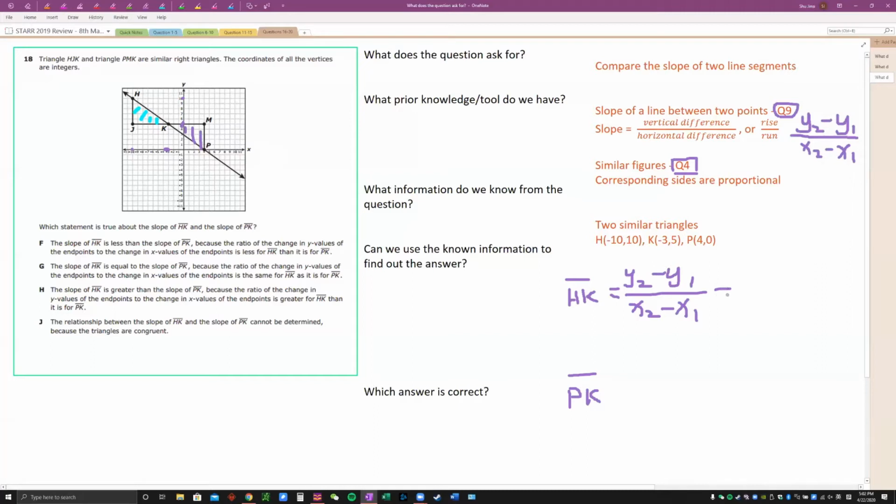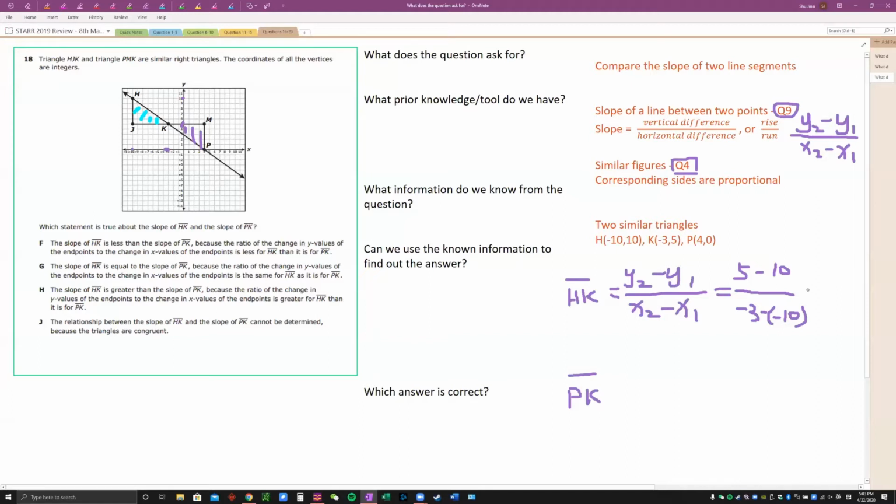On the top, we need y2 minus y1. K is the second point, so y of K is 5, minus the y of the first point, the y of point H, which is 10. So 5 minus 10, divided by x of the second point, the x of K, which is -3, minus the x of the first point, which is -10. So be careful here. We're going to minus -10 because the x of the first point is -10.